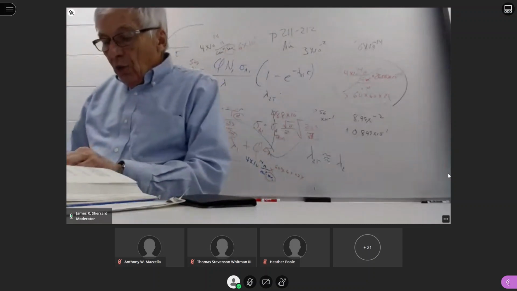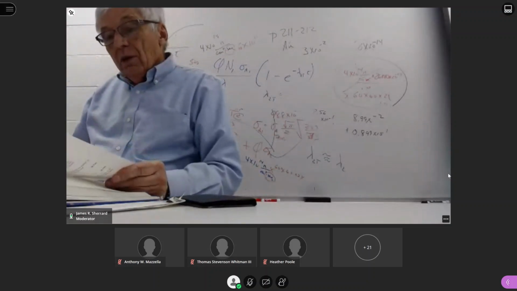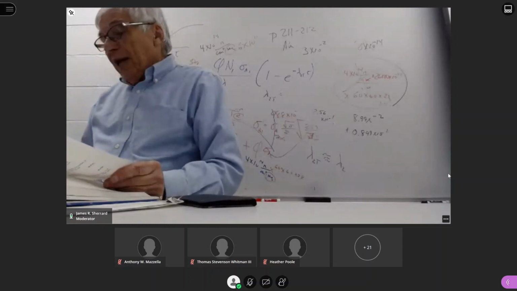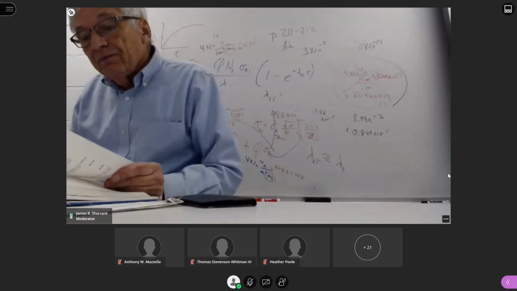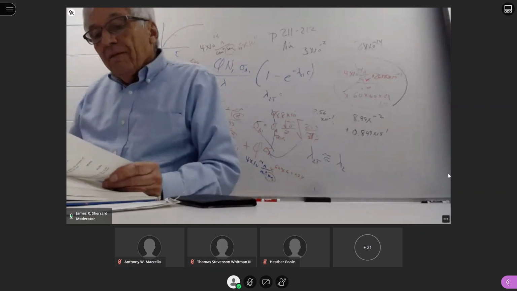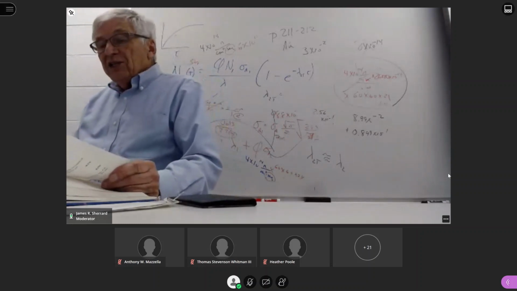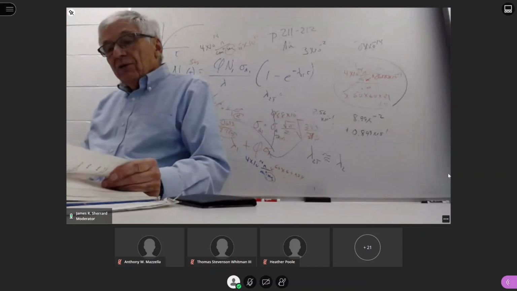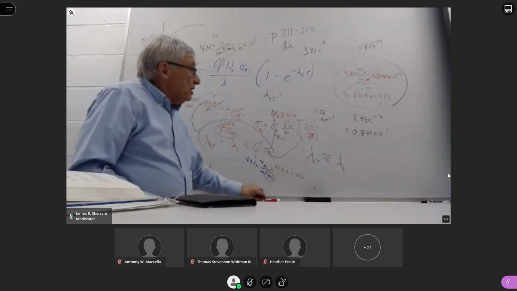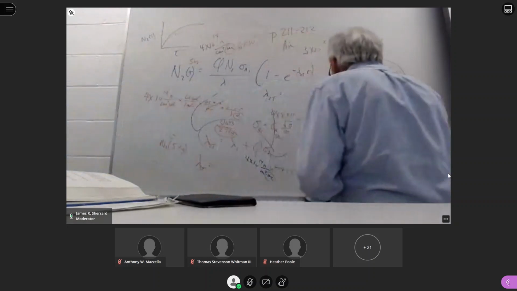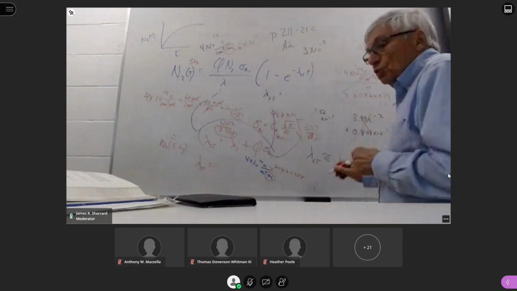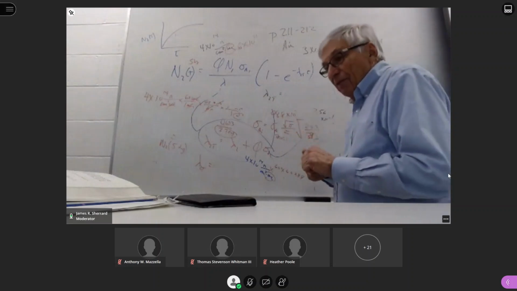If you follow the one in the textbook, that's good. In fact, one of the nice things about that particular problem is when they did this calculation, this term over here was so small that it dropped out.